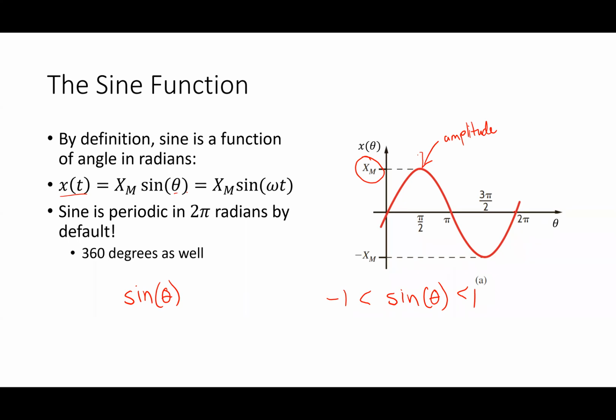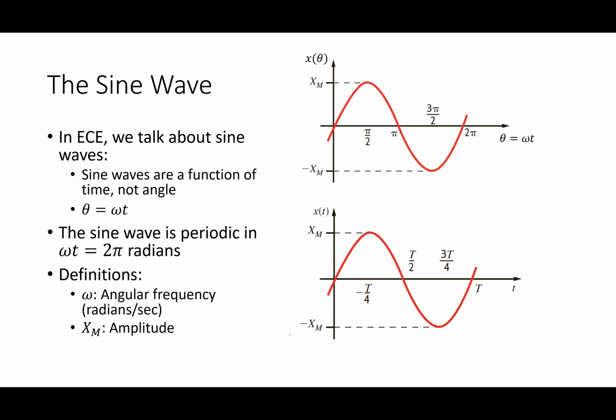And the way we write that is we say that that angle varies with an angular frequency omega, and as time advances, the angle advances. All right. And so we have a couple of important definitions here. So omega is the angular frequency, the rate at which the angle changes, in radians per second.